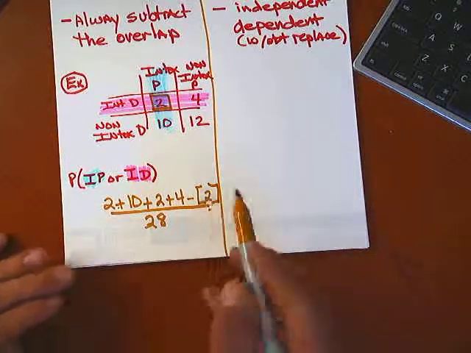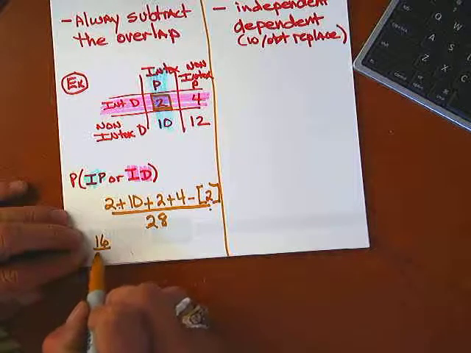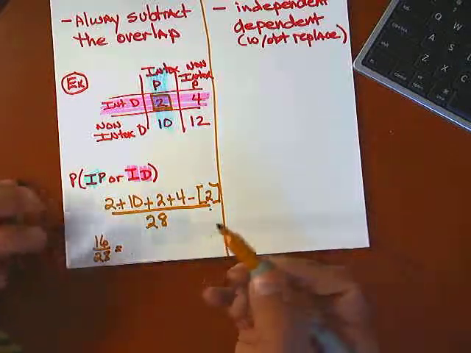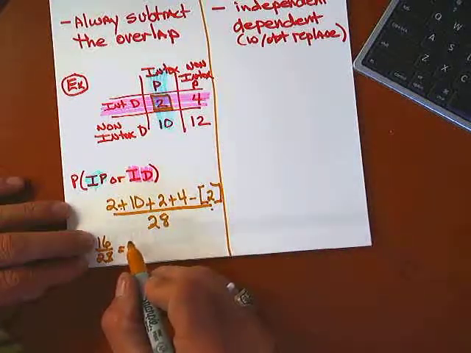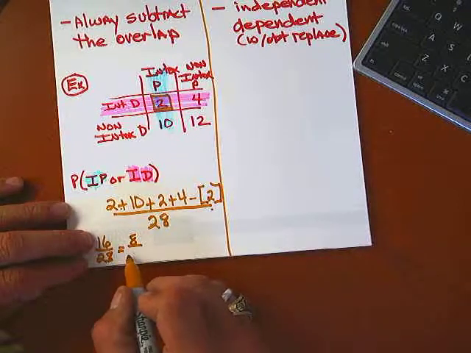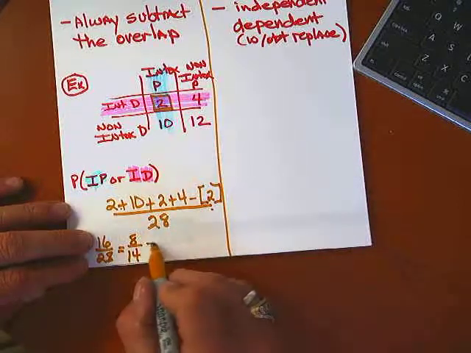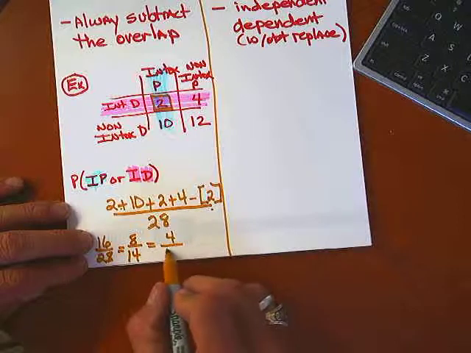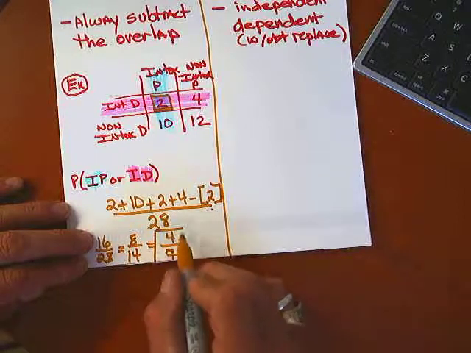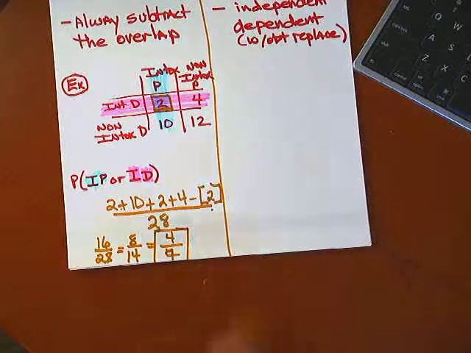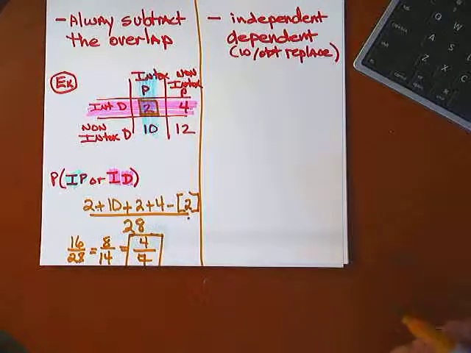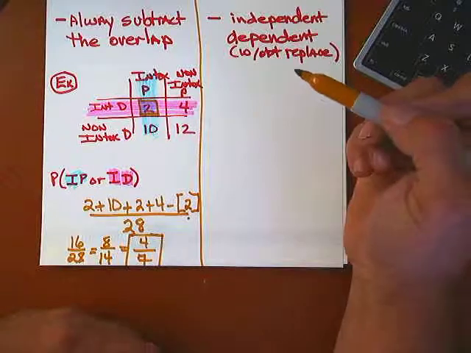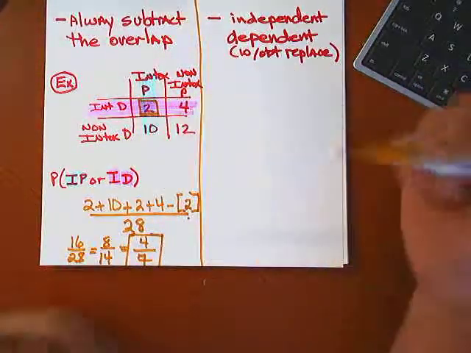And your probability is going to be 2 plus 10 plus 2, that's 12, or 14, 18, 16 over 28, which is equal to 8 over 14, which is equal to 4 over 7. And that's how you use the additive law.